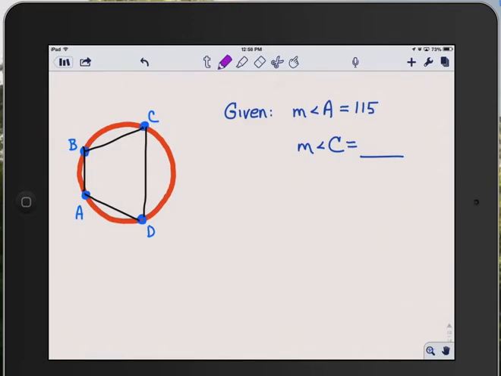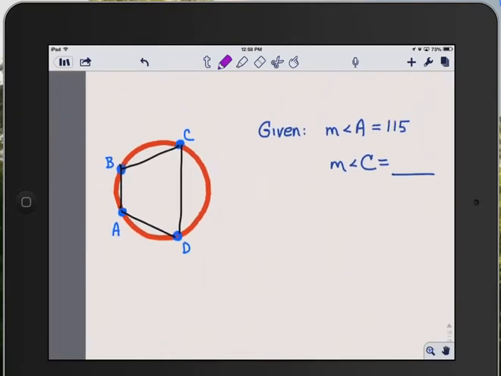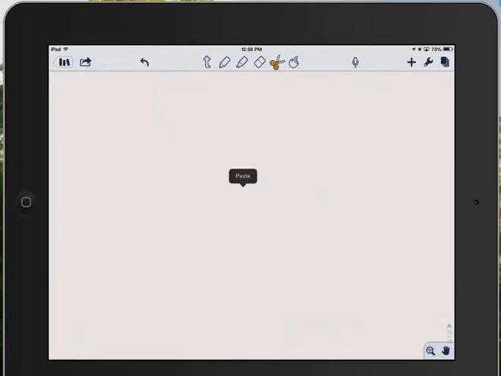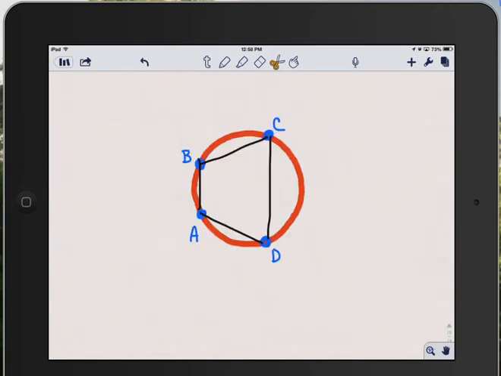Next question. The measure of angle A is equal to 115. Now we've done this problem two different ways in class. One way of doing the problem, once again I'm going to copy the diagram, and I'll go over this problem two different ways.